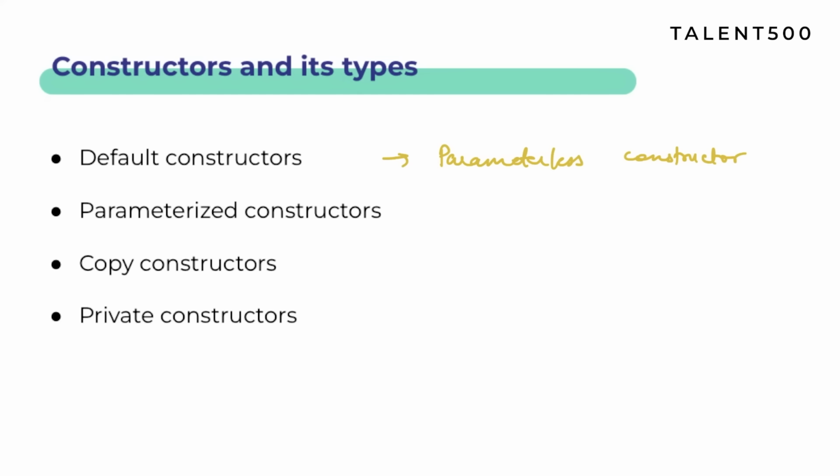Plus, for that constructor, there is not going to be any return type. So let us say we have a class A. Inside that, we will be having public A. So this is nothing but your parameterless constructor, because here we are not passing any parameters.